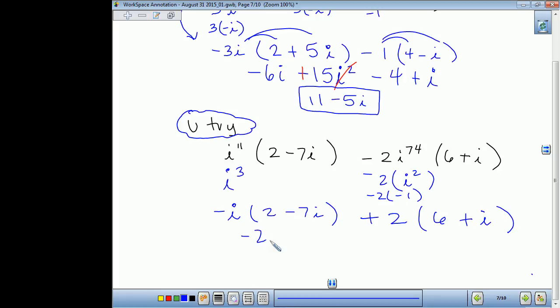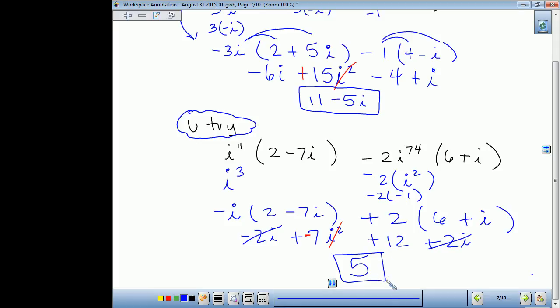Then we're going to distribute and we get -2i plus 7i squared plus 12 plus 2i. Okay, so my imaginary parts cancel. This becomes -7, and -7 plus 12 is 5. It was already -7. Yep.